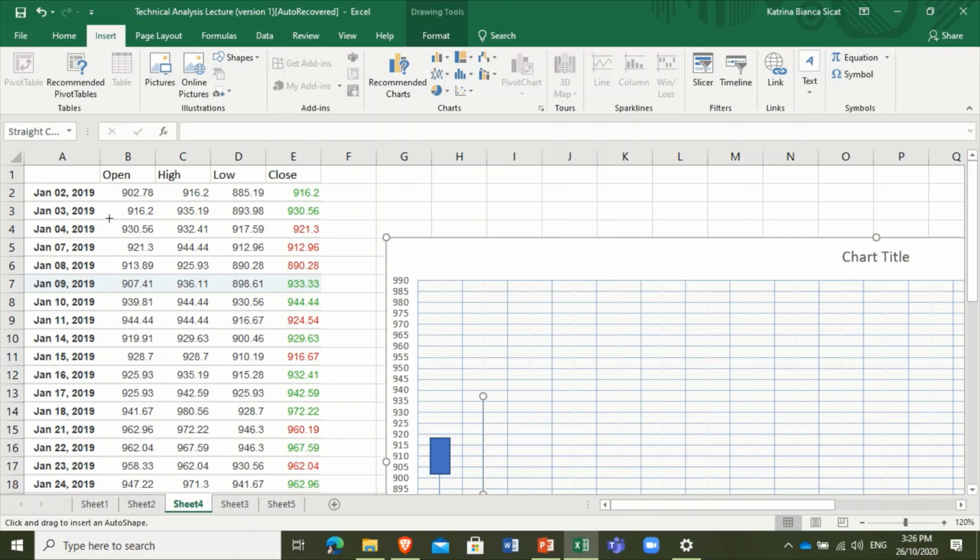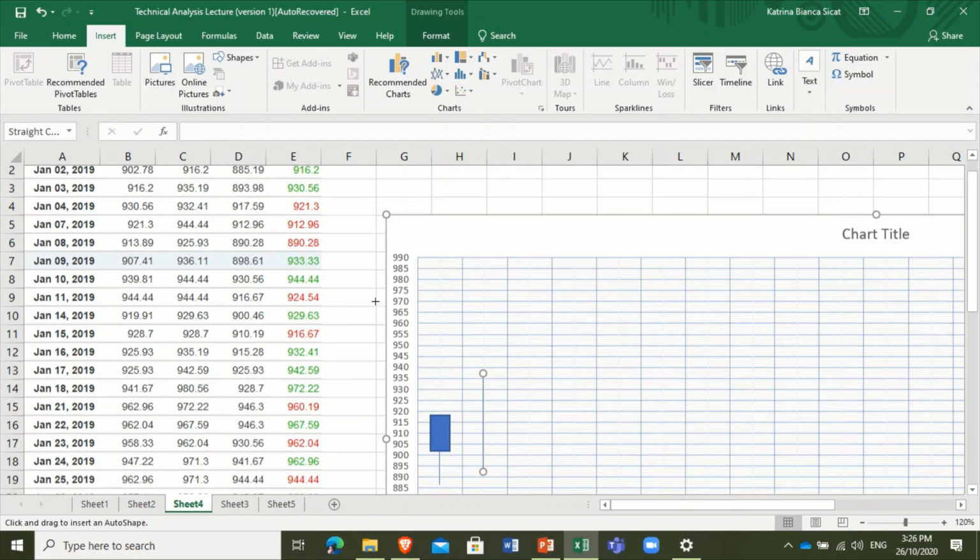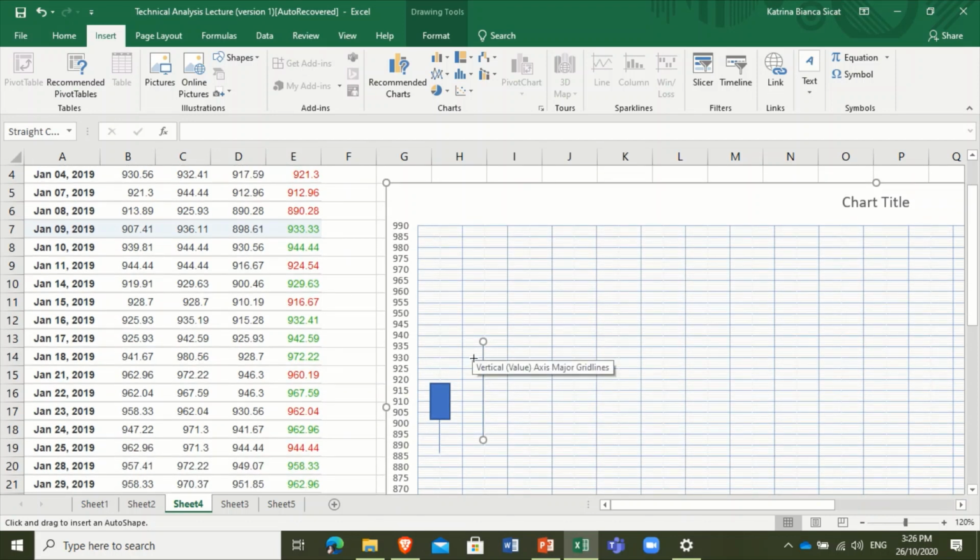Okay, next is your opening price and your closing price. 930.56, 930.56, and 916. So 930. So alam mo, nandito siya.